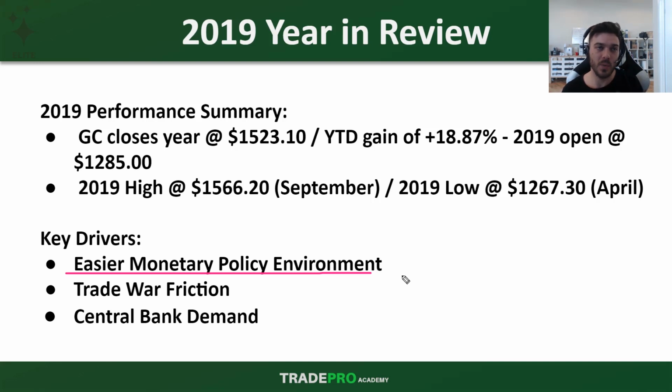So generally when you see rate cuts, capital flows out of those currencies and into safe haven assets, gold being one of them. So easier monetary policy throughout the global environment has led to a bit of a bid in gold in 2019.